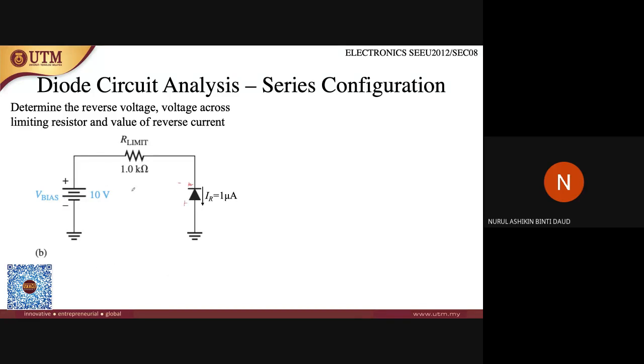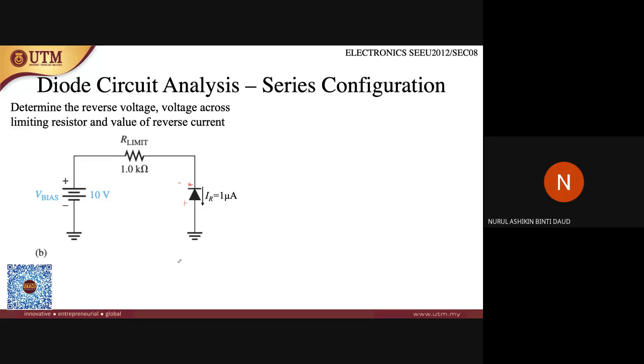So determine the reverse voltage, voltage across the limiting resistor, and value of reverse current in this circuit. So now you need to know what condition this diode is in. Reverse or forward? It is reverse, right? Because the polarity is opposite, right?